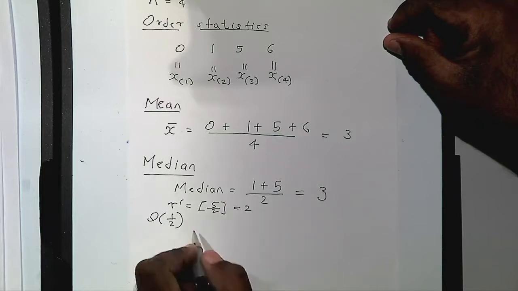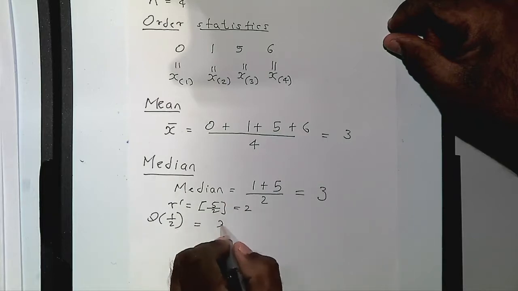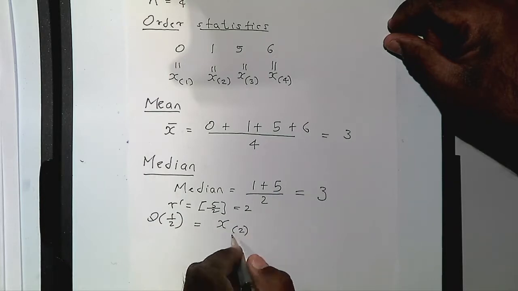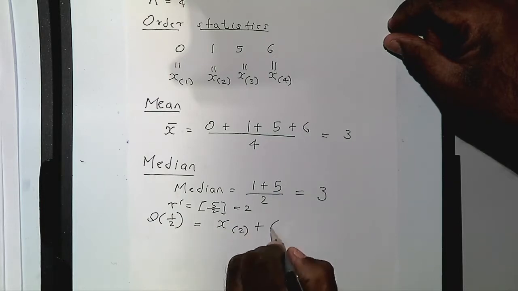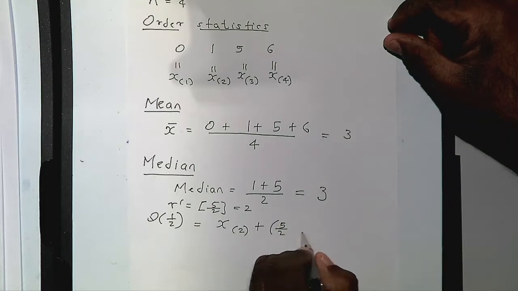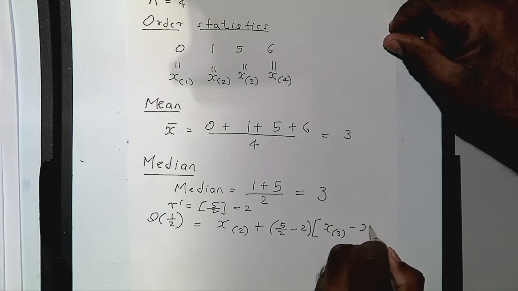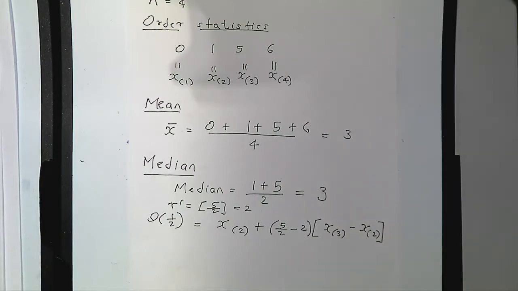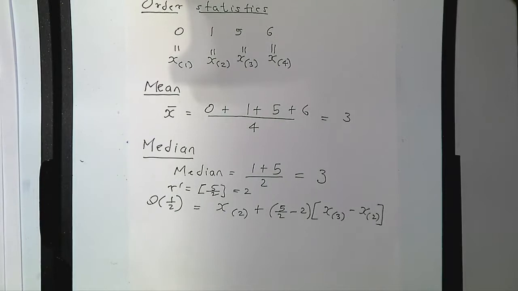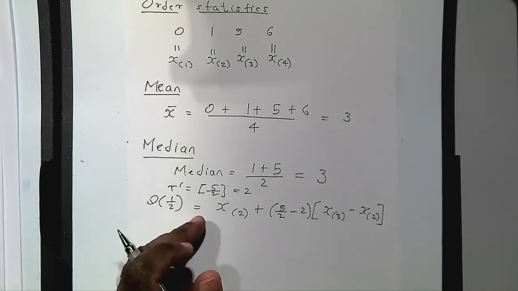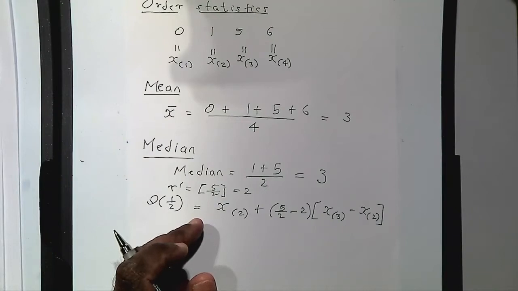Okay, so Q at half will be x sub 2 in brackets plus (5 over 2 minus 2) times (x sub 3 minus x sub 2). You see what I'm doing here? I'm just applying the formula I gave you on Monday, with p equal to half and n equal to 4, right?